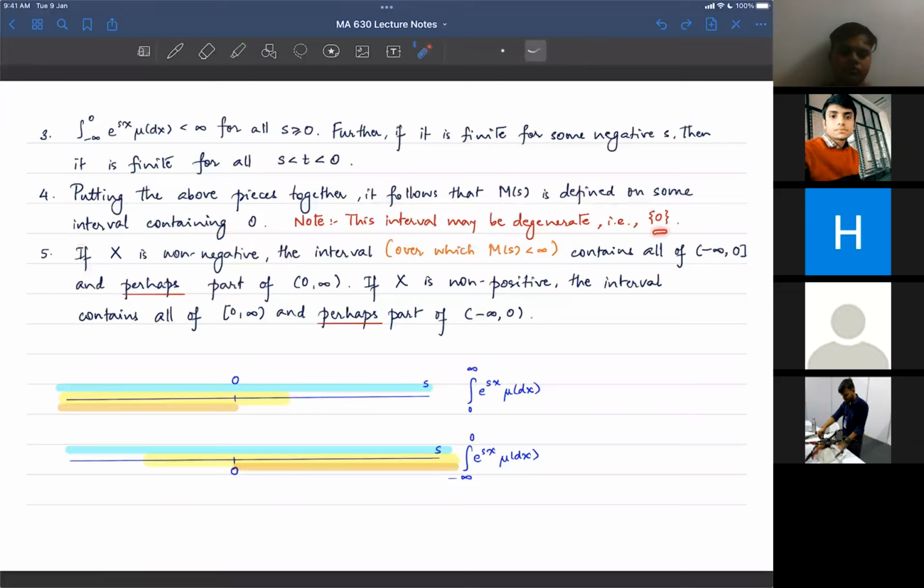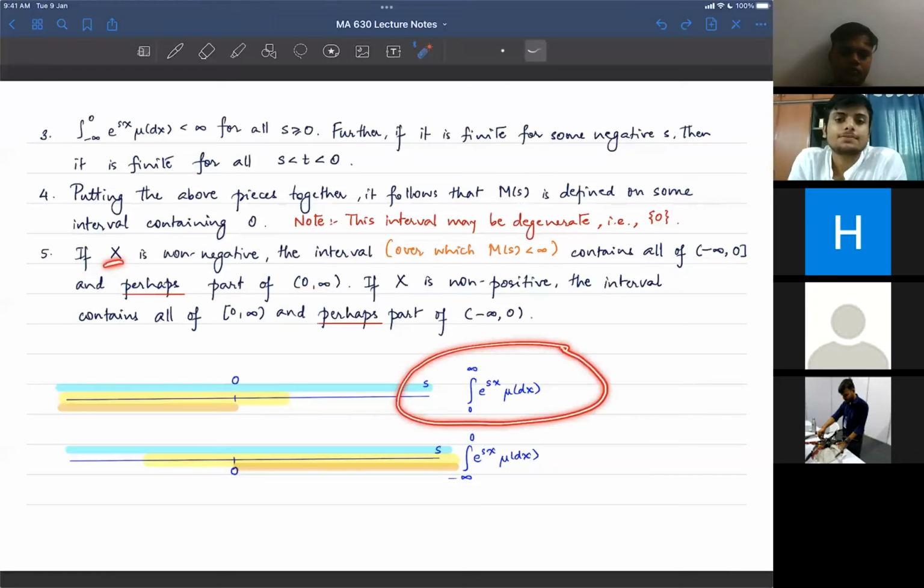This we have already seen, because if x is non-negative, then the MGF is entirely given by this. The other term is gone, because if x is non-negative, then its law mu will be 0 to the left of x equals 0. So this thing that I've circled is going to actually be m of s. It'll be finite for all negative s's and maybe for some positive s's.